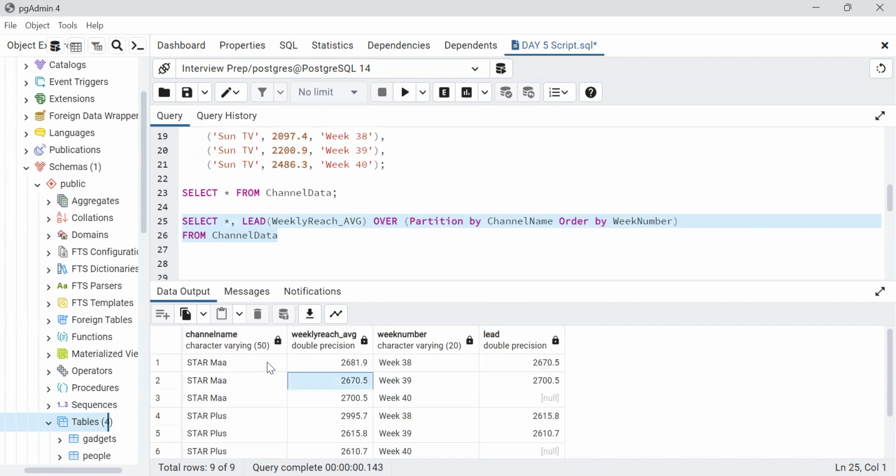And against week 39, what we got is week 40. But for week 40, we don't have anything below it. So there is null. This is a certain point of concern that you should have right now, that there is null at the end.